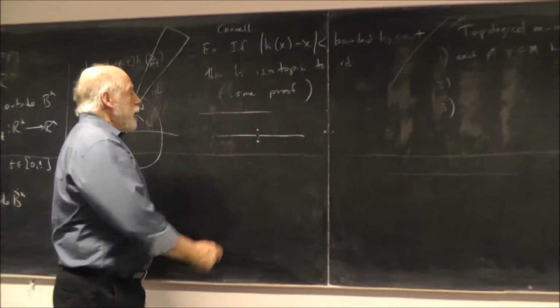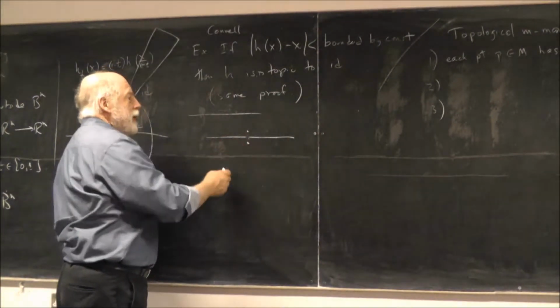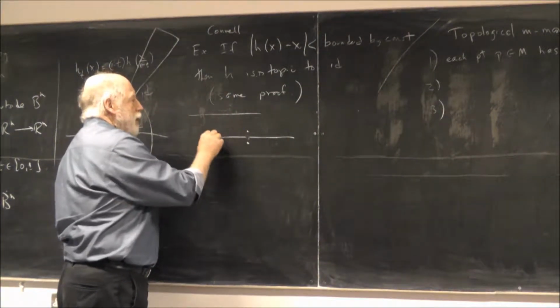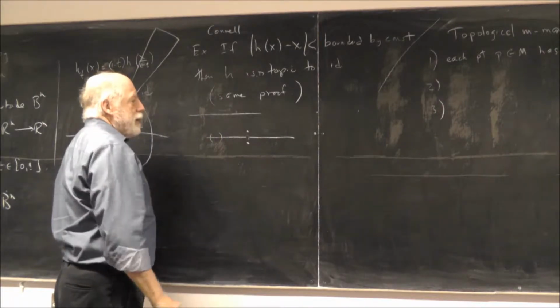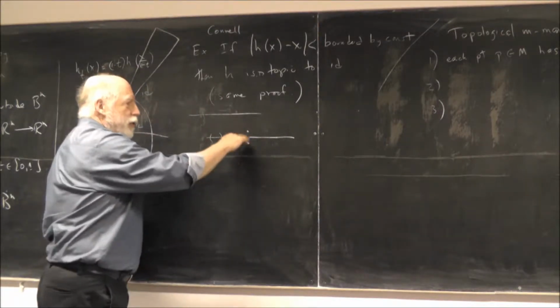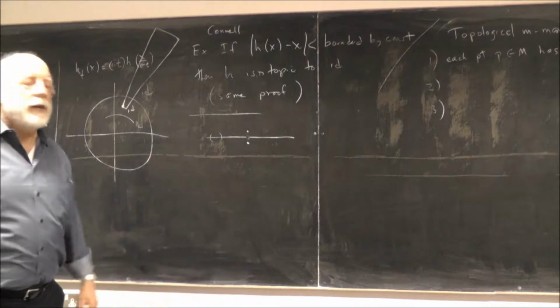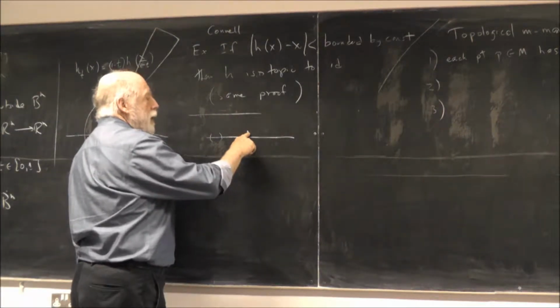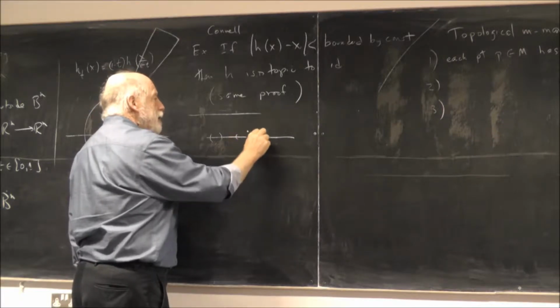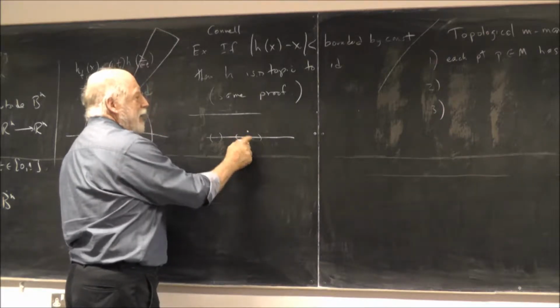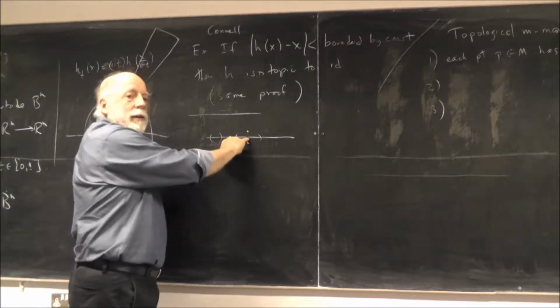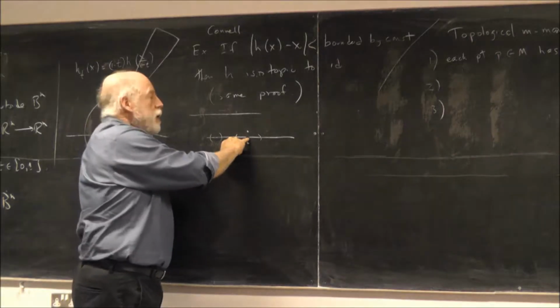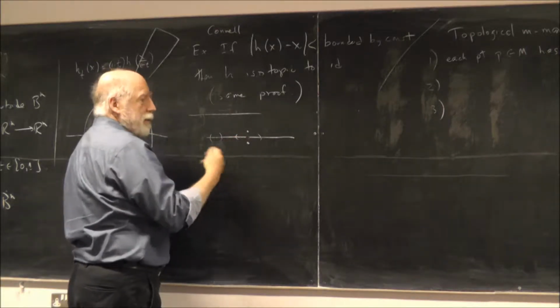What are the open sets? The open sets have a basis which consists of the usual open sets if you're away from this feature. But the open sets that contain this point are the open intervals as if that point were right there where 0 is. That's the basis.